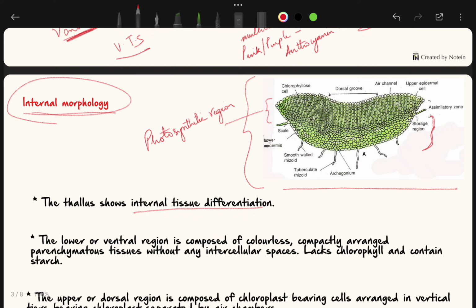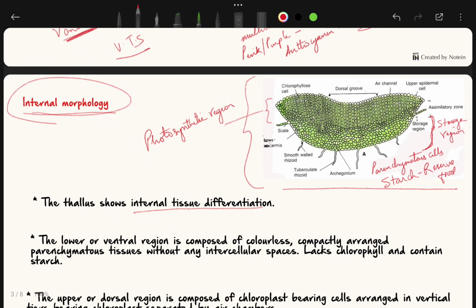These are parenchymatous cells. You find no intercellular spaces between the cells. They are compactly arranged, and they store starch as reserve food. So this ventral region is known as the storage region.